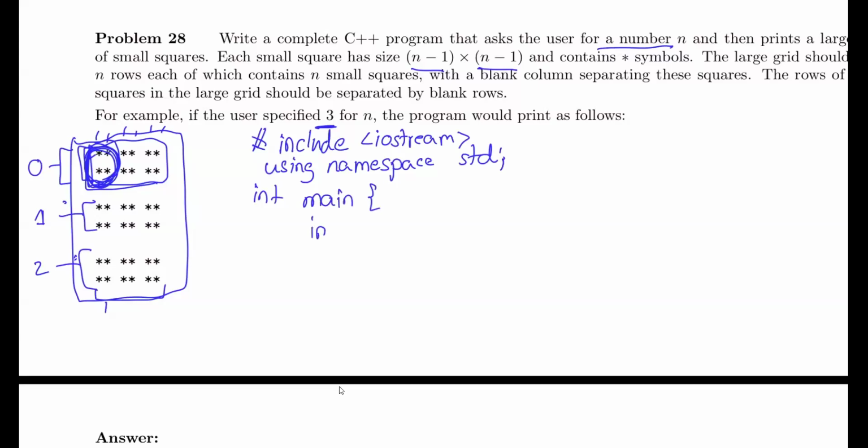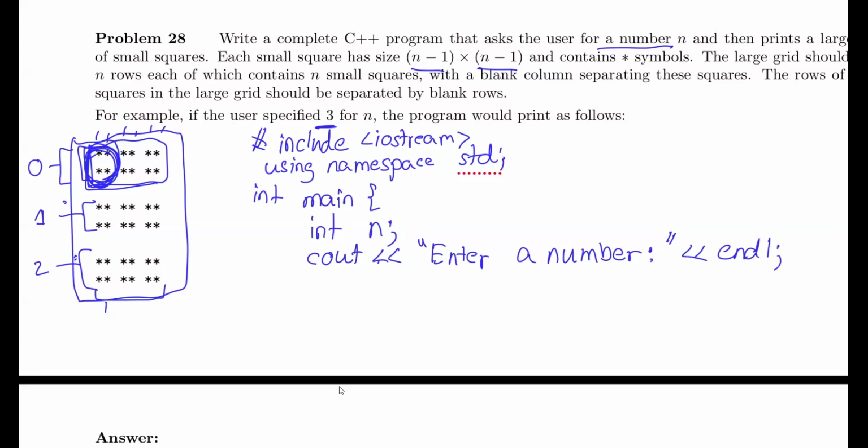To ask a user, first declare a variable int n to receive the input from the user, and then cout "enter a number" endl, and then cin n. So you ask the user to enter n.